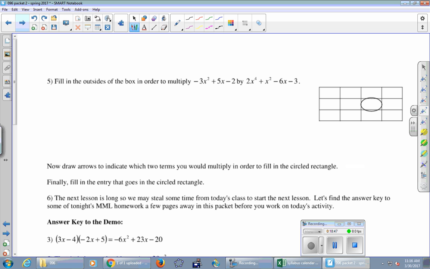It says first we're going to fill in the outsides of this box. So highlight, we're multiplying this yellow thing by this green thing here. So go ahead and put the yellow stuff on the far left, and then the green stuff across the top.